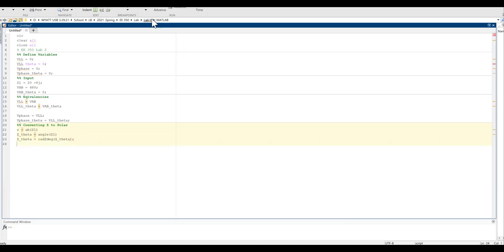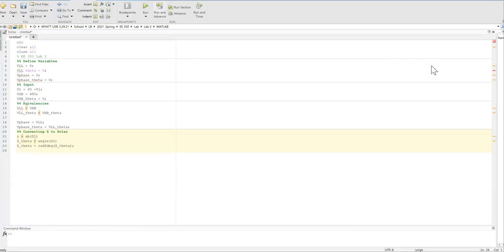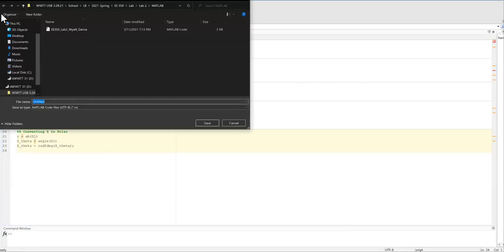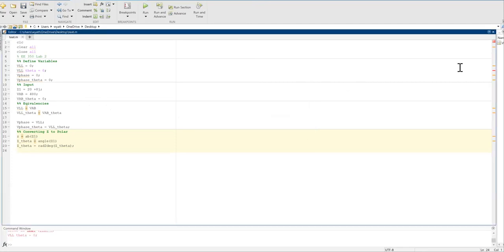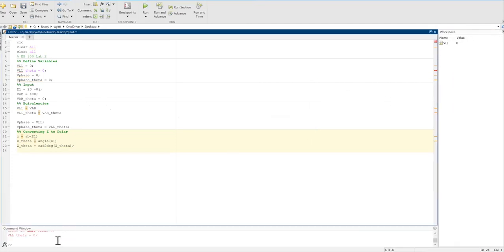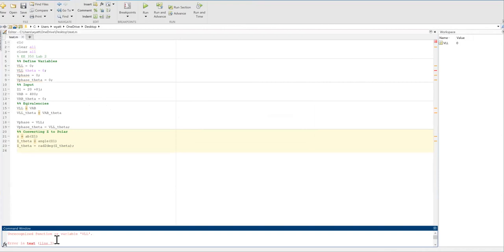Okay, then from there we can go ahead and run. I'm just going to save this on my desktop. The basic file test. We have a problem here: unrecognized function V theta.